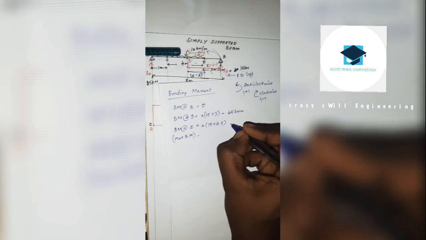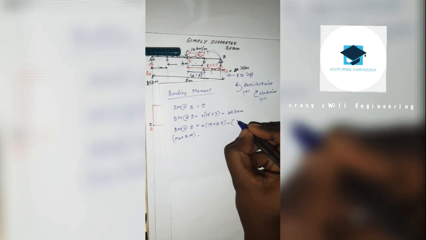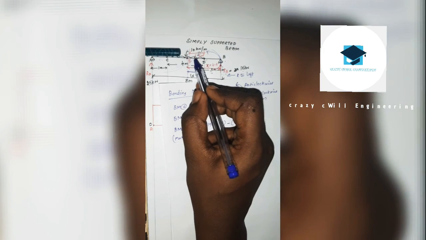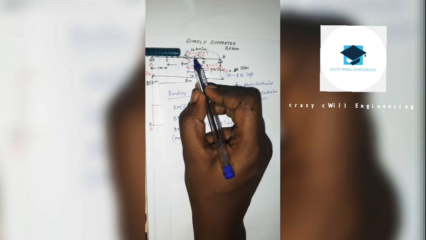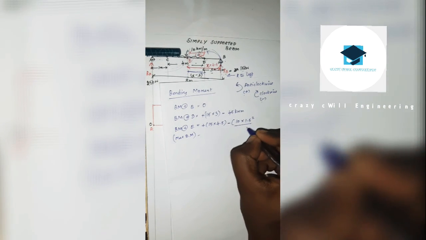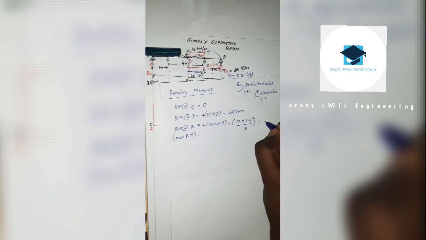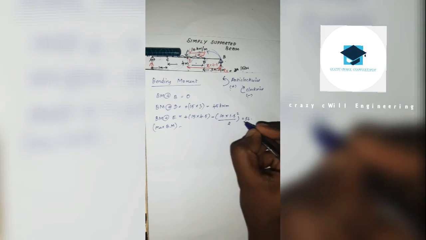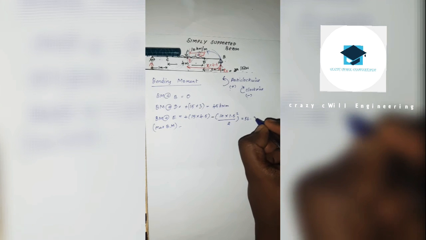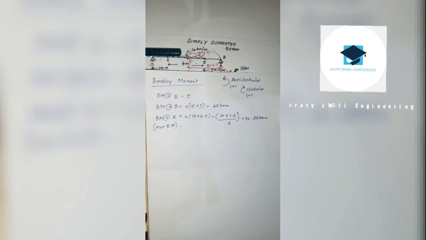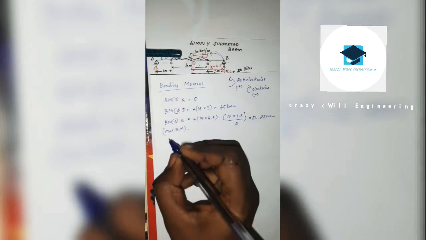Clockwise means negative. Put minus sign. 10 into this UDL length value 1.5 meter, 1.5 square by 2. What is the value? 56.25 kilonewton meter. This is the maximum bending moment.